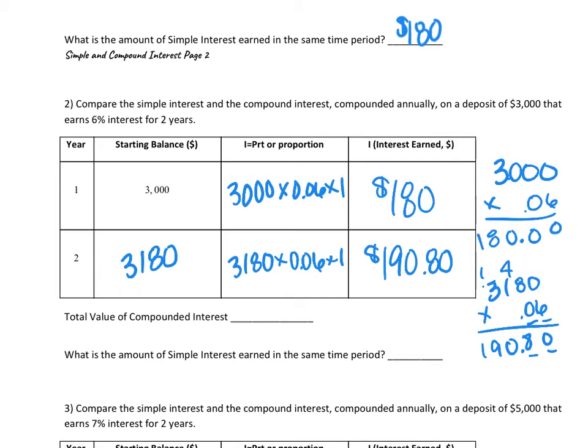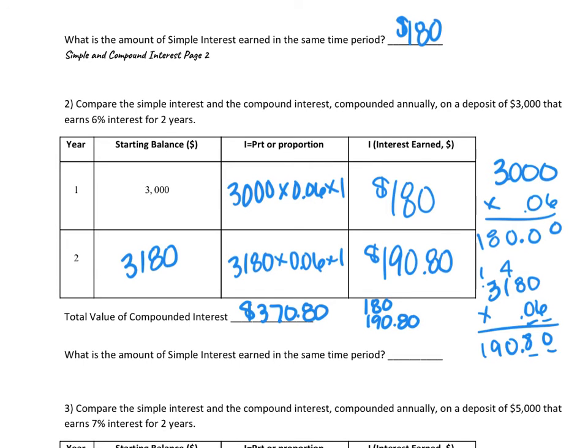Okay, so when it says total value of compound interest, the total value of compound interest is the 180 plus the 190.80. 370.80. Perfect. Now we're just going to calculate the simple interest. So what would be the formula?